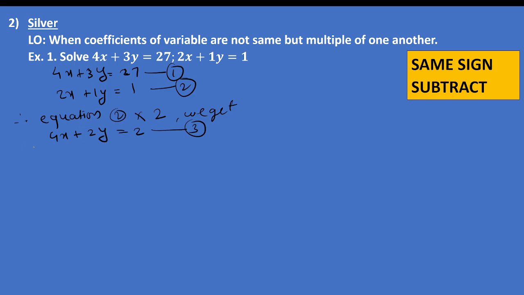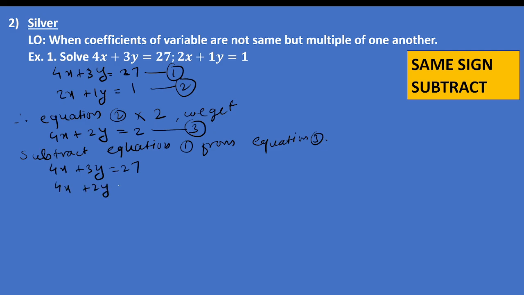So what we are going to do here is subtract equation 1 from equation 3. Okay, so 4x plus 3y equals 27, 4x plus 2y equals 2.